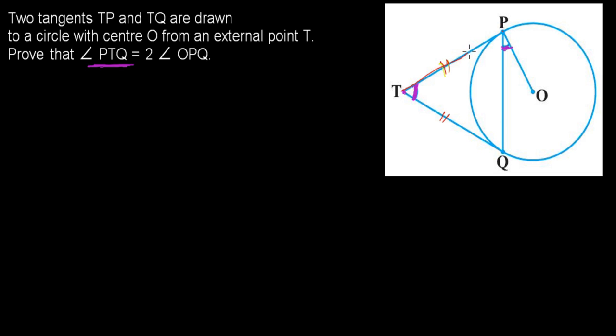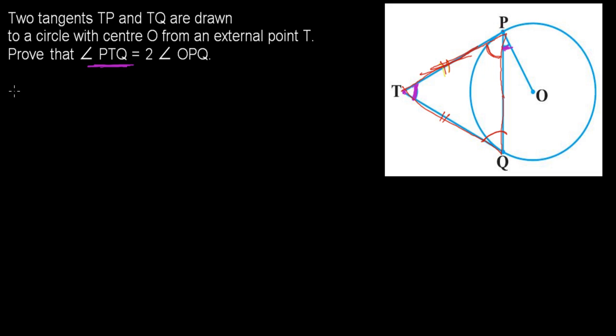So it means TPQ is an isosceles triangle. Therefore this angle and this angle should be also equal, because corresponding angles are also equal in an isosceles triangle. This is the concept I used here.